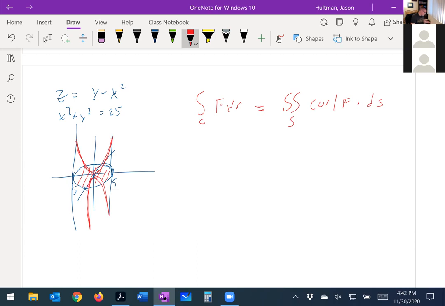So I'm going to try using the right formula. Yeah, that's right. Okay. Big S.